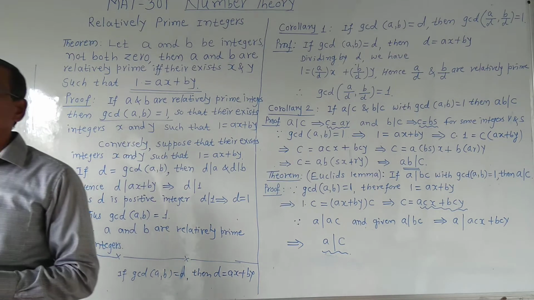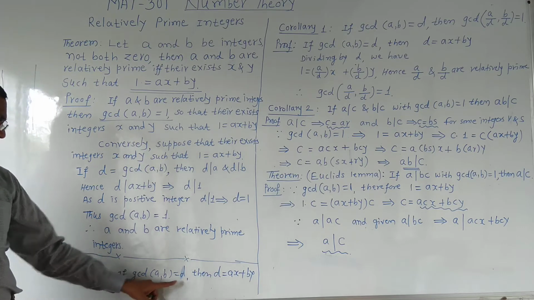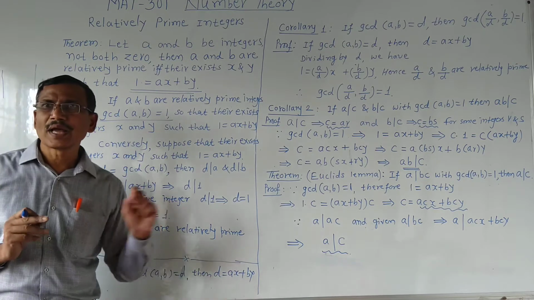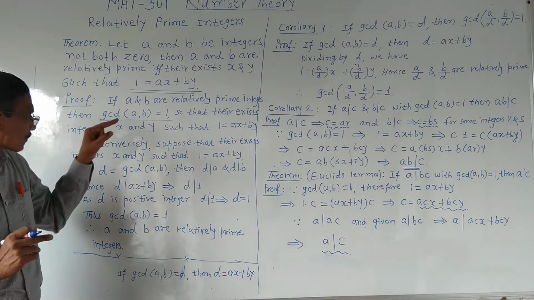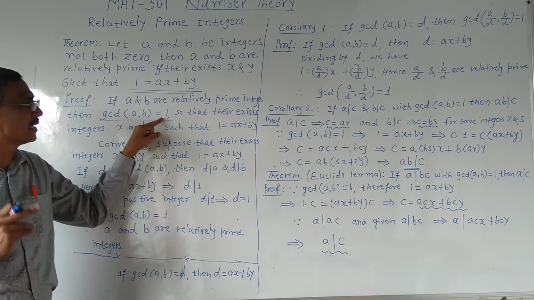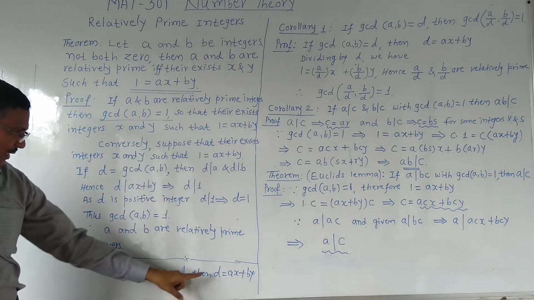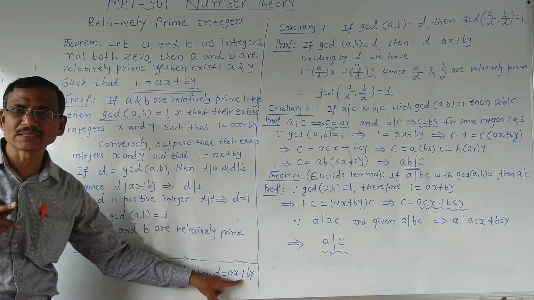But in the last lecture we have seen that the greatest common divisor d of a and b can be expressed as d is equal to ax plus by. As here the greatest common divisor of a and b is 1, that means the value of d is 1. If d is equal to 1, then what happens? In this theorem we get 1 is equal to ax plus by.